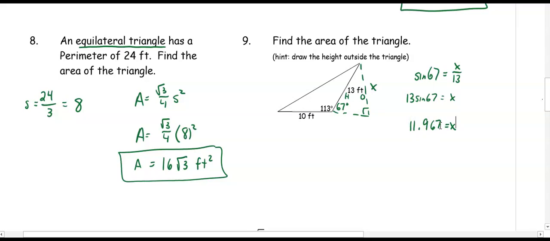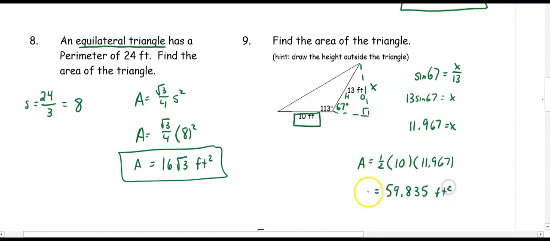Now that we know our height, our base is going to just be what was part of the triangle, so the 10. So our area is equal to 1/2 times 10 times 11.967. So we get our area is 59.835 feet squared.